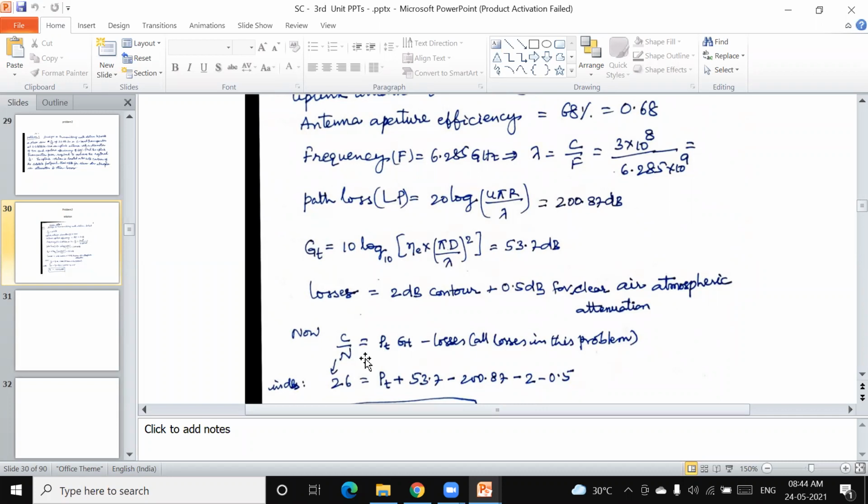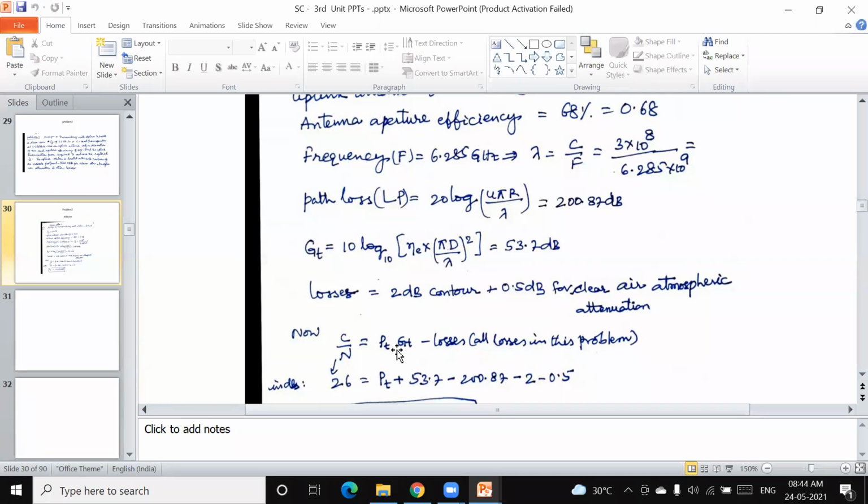C by N equals the carrier to noise power for an uplink of the transmitting earth station. So PT GT, that is the EIRP, effective isotropic radiated power, PT GT minus loss, is actually the C by N ratio.